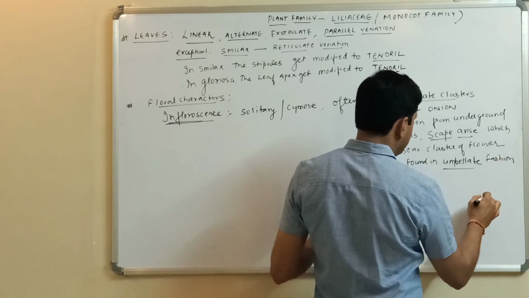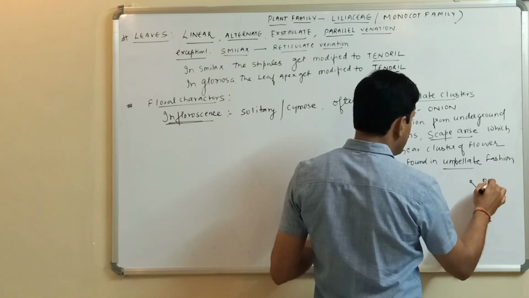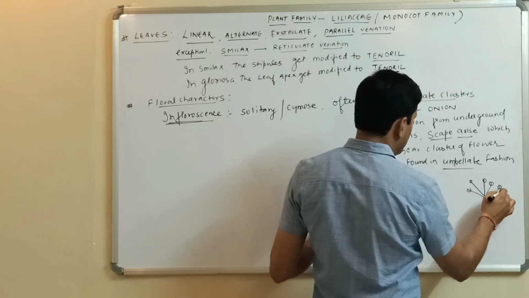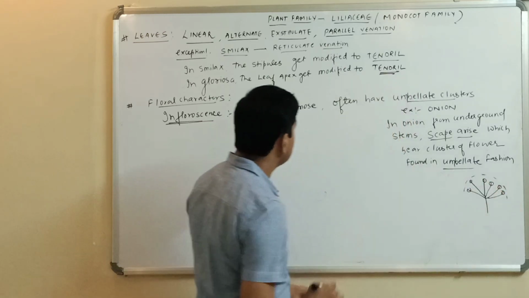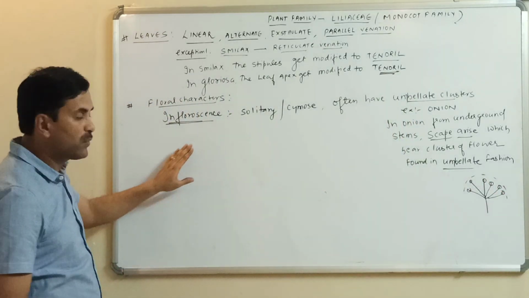Like this. Umbellate means umbrella-like. Fine. So this is the inflorescence.